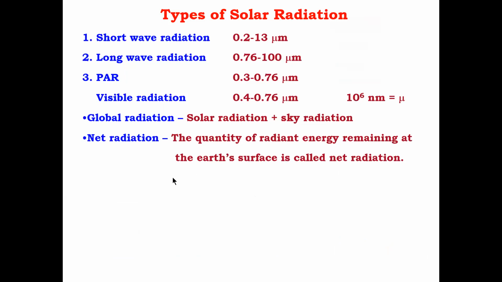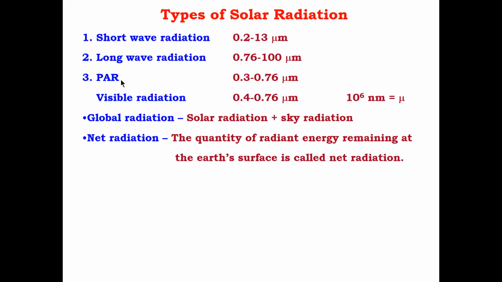There is a classification of solar radiations according to their wavebands. Short wave radiation is 0.2 to 3 micrometers, long wave radiation is 0.7 to 100 micrometers, and the Earth radiates long wave radiation.